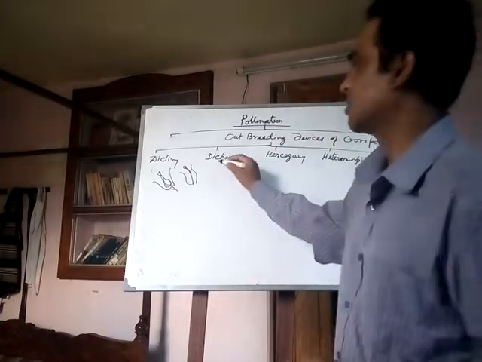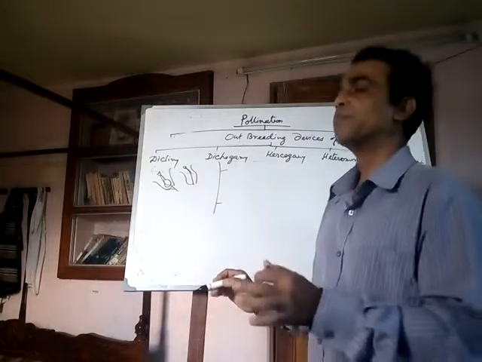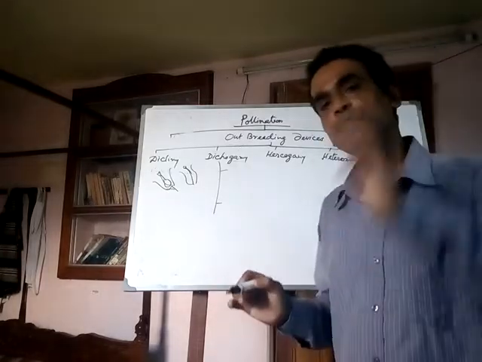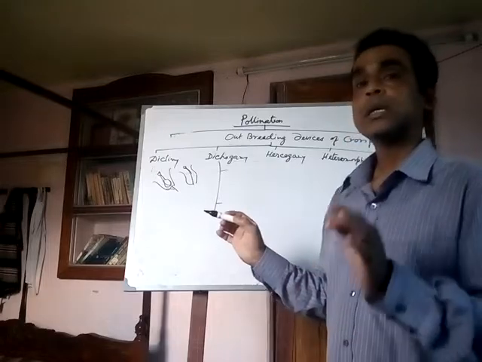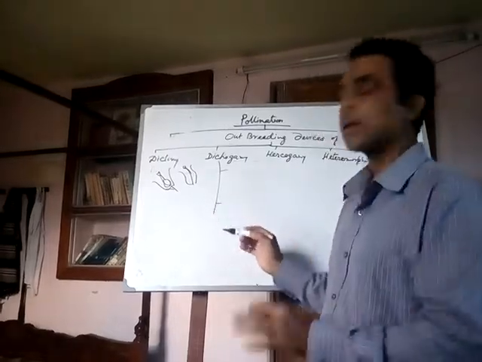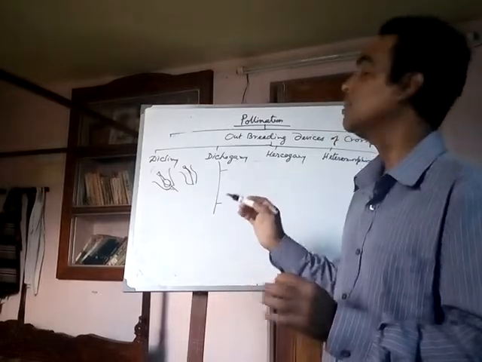Dichogamy means the maturation does not occur at the same time. That is, the maturation of the reproductive parts of the flower does not occur at the same time.